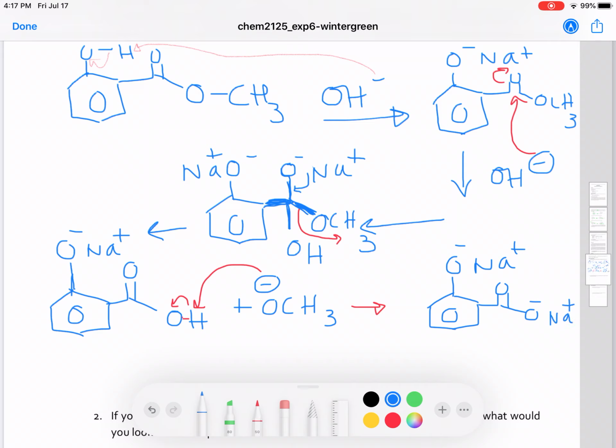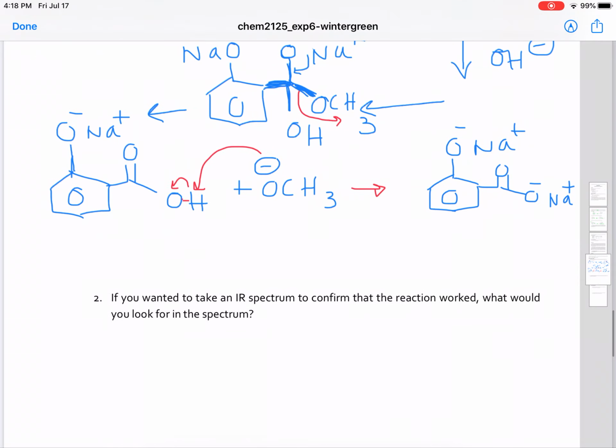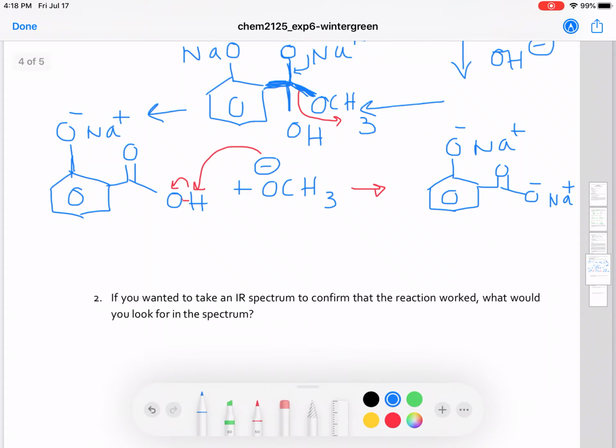So we are not done with the mechanism yet. What should be the next step? The next step is when you add hydrochloric acid or sulfuric acid. Let me go ahead and write sulfuric acid, H2SO4, since the procedure gives us the sulfuric acid.